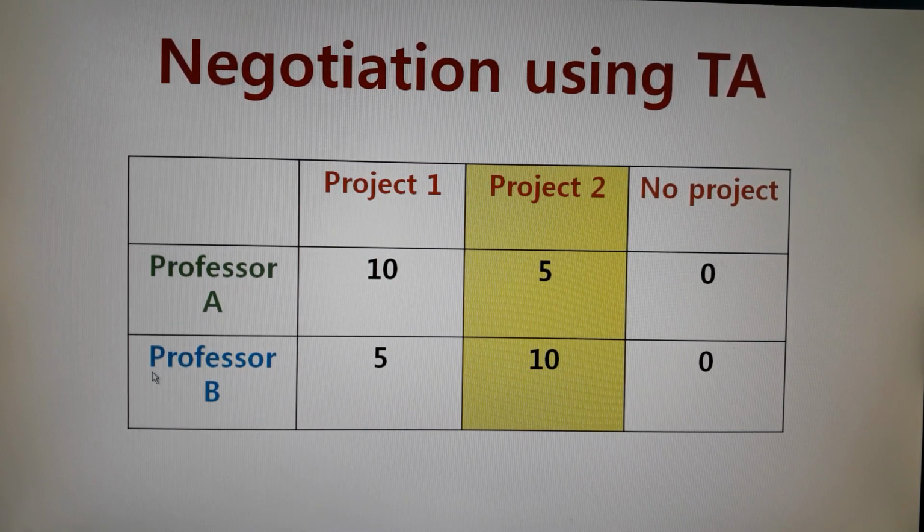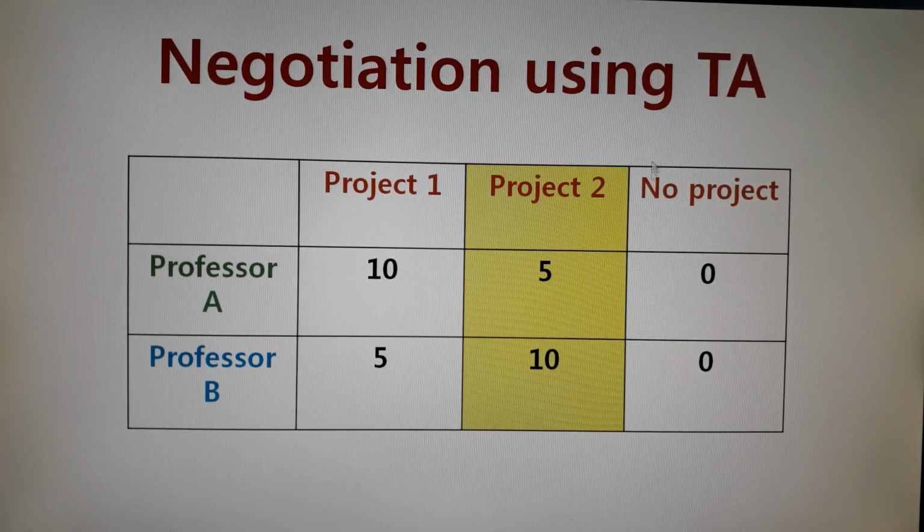From Professor B's point of view, this project 2, which is kind of retreat or withdrawal of Professor A, is gone. Now he has to choose between project 1, which is Professor B's second choice, or no project 0. So 5, 0, 5 is better.